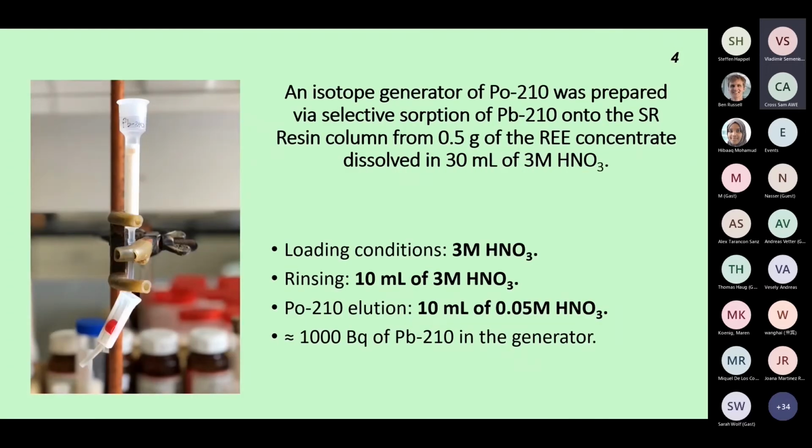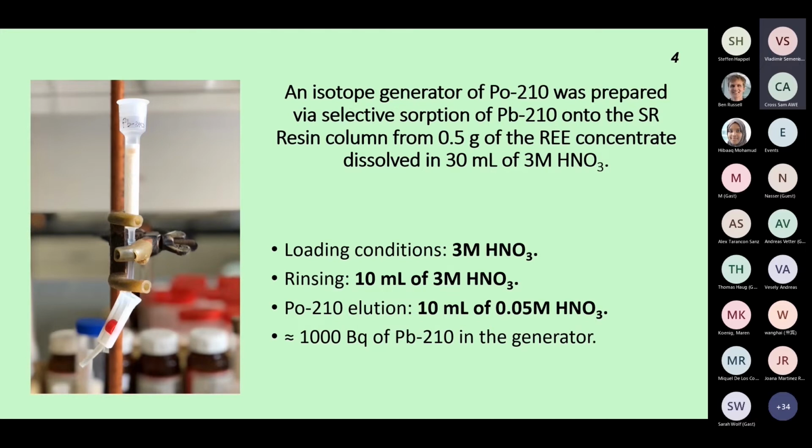We loaded the isotope generator, and here are the conditions of loading, rinsing and elution. We performed loading from 3 molar nitric acid, then rinsing with 3 molar nitric acid, and then elution of polonium.